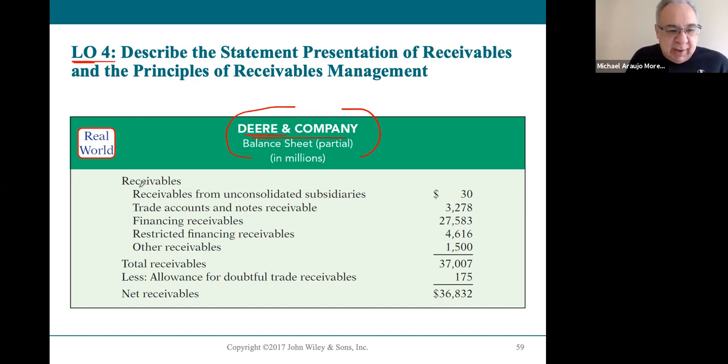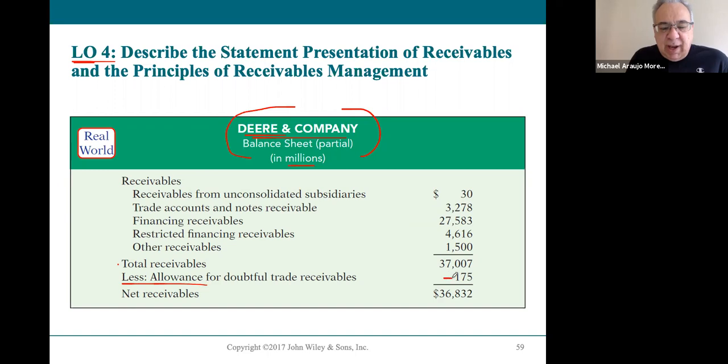So you see here, they have lots of receivables. Total receivables are listed here at 37 billion, because these are in millions, so you're going to add 6 zeros. As you see here, they have their allowance for doubtful accounts listed here as allowance for doubtful trade receivables. Same type of name.